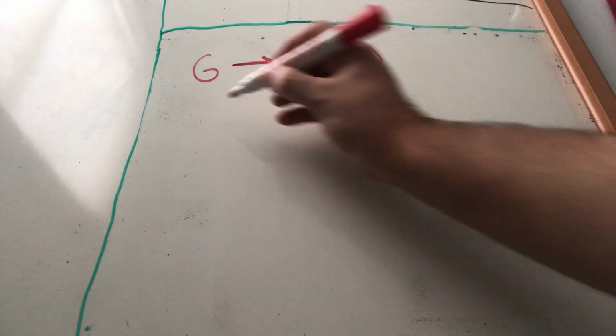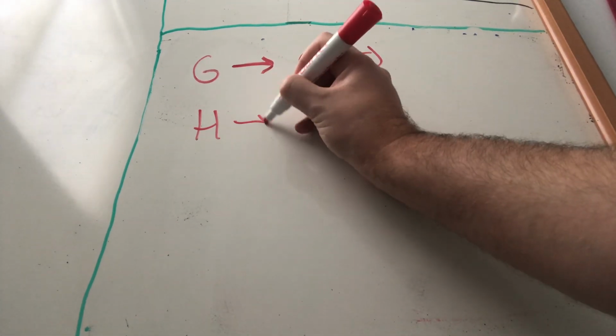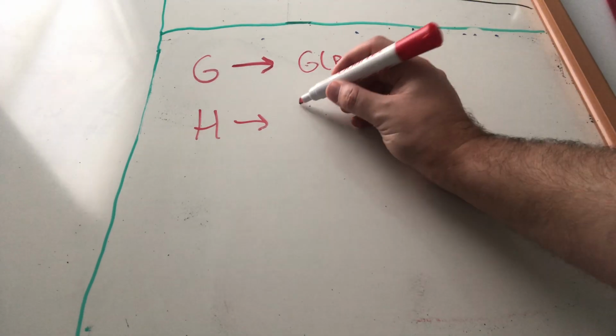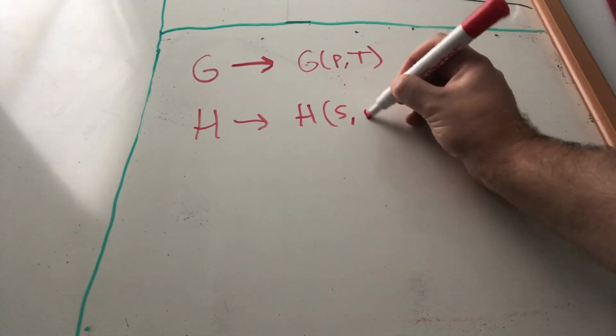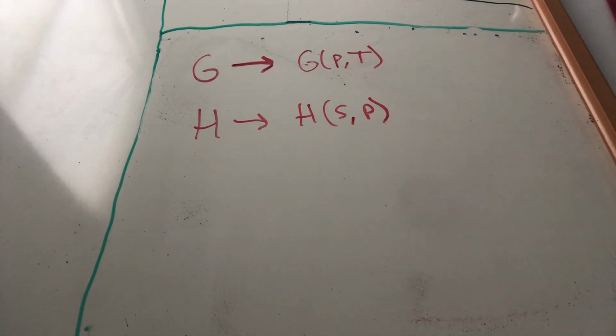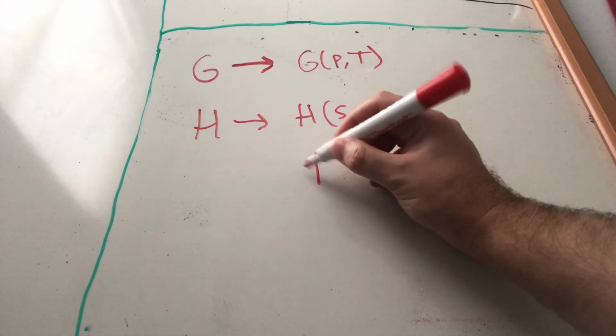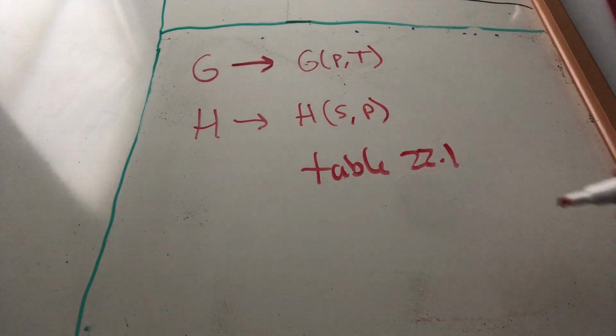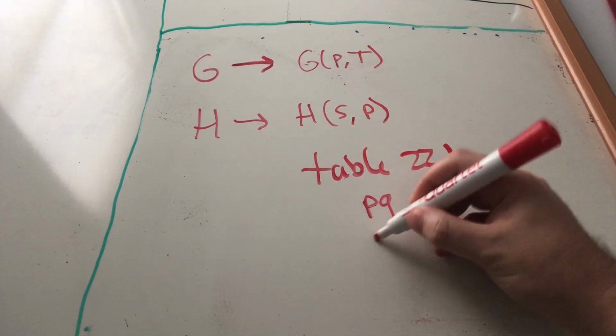Similarly, what I want you to do for H is go ahead and show that the natural variables of H are actually S and P. And for each, build the natural variable relationships and get the Maxwell relationships. What you'll notice in your book is there's table 22.1 on page 899.